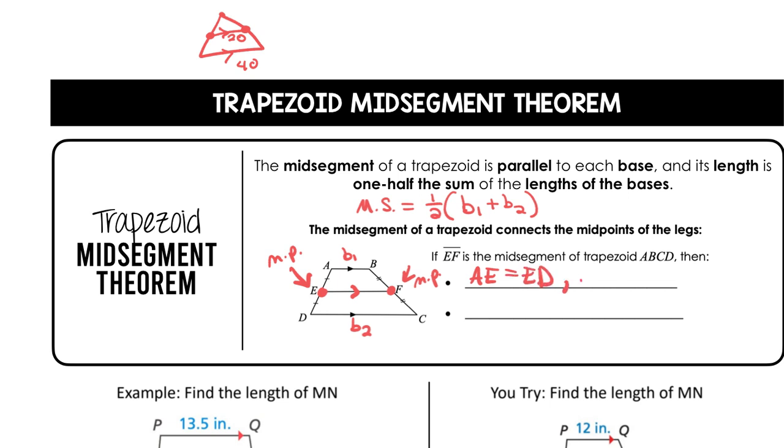And likewise, we can say BF equals FC. We can also say that EF, the mid-segment, is going to equal half the sum of side AB plus DC.